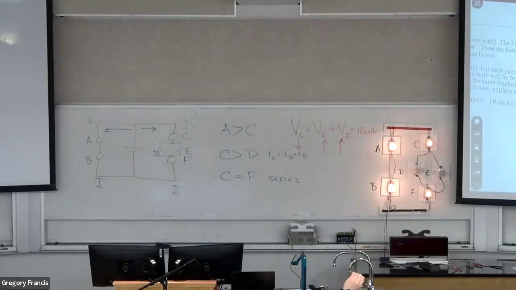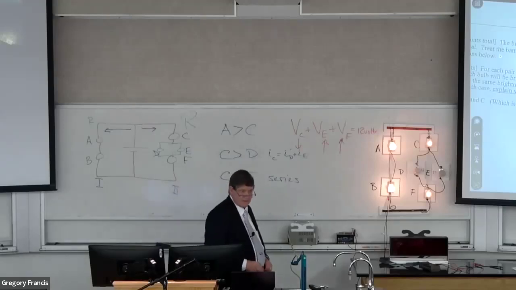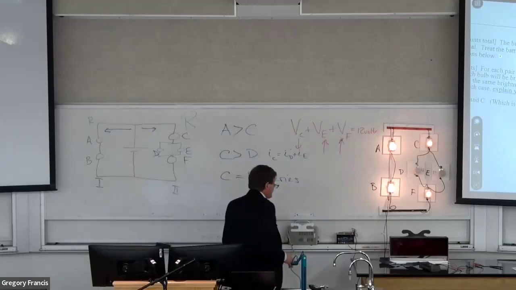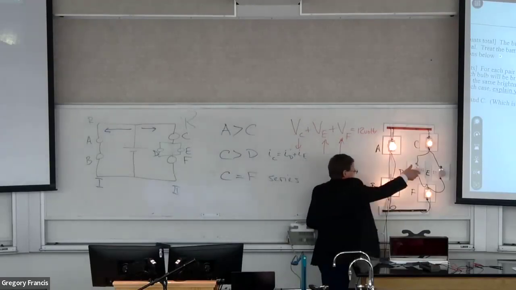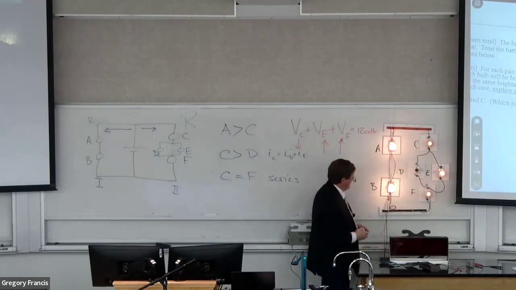Yes, would bulb A stay the same? Yes, in all of those situations, A and B stay the same. When you unscrewed light bulb C, was E brighter than C and F? It kind of looked like it. It turns out that they have to be the same.